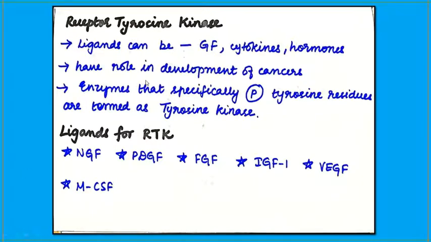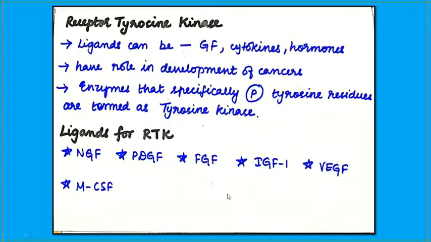The first category we are going to talk about in enzyme linked receptors is receptor tyrosine kinase. The ligands which can bind to this receptor can be a growth factor, a cytokine, or a hormone. Some examples include nerve growth factor, platelet derived growth factor, fibroblast growth factor, insulin growth factor, VEGF, and macrophage colony stimulating factor.